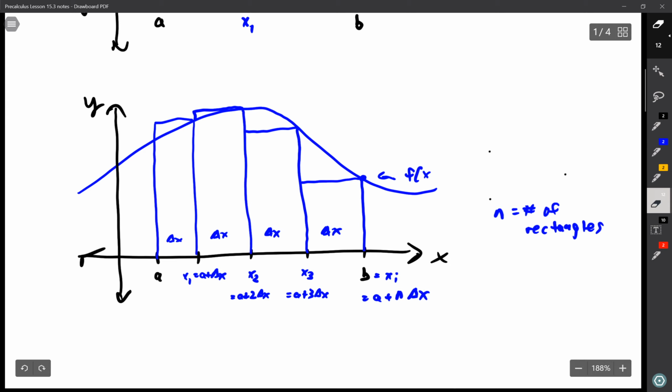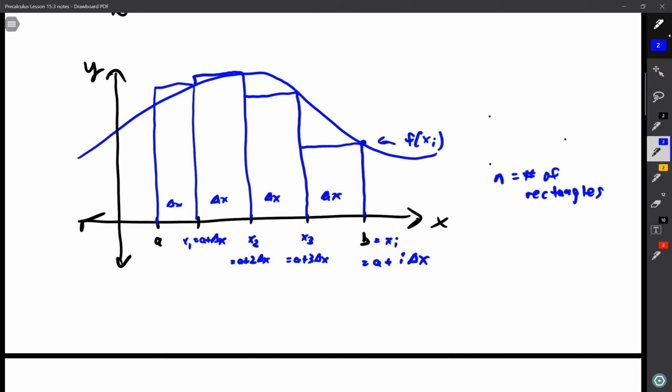But rather than that, we're adding I delta x's because that subscript matches that. So we're going to call this f of x sub I. Why I'm using I here will make sense in just a moment. All right, so that's the idea. Okay? We're splitting this area into a whole bunch of rectangles, and we're going to add the area of all of the rectangles. So here's what the formula looks like, and then we'll do some examples.